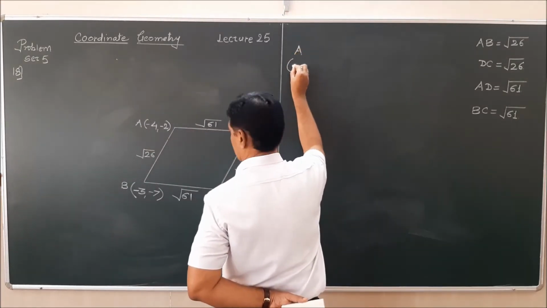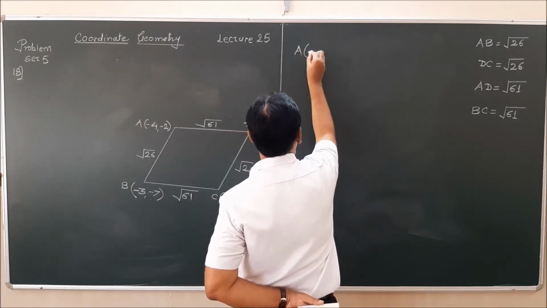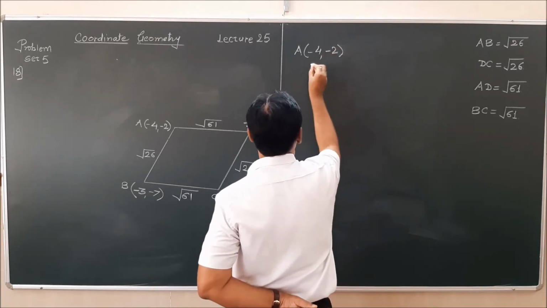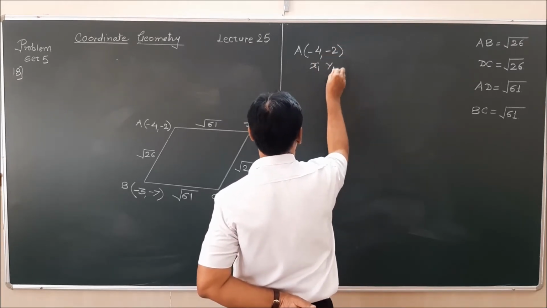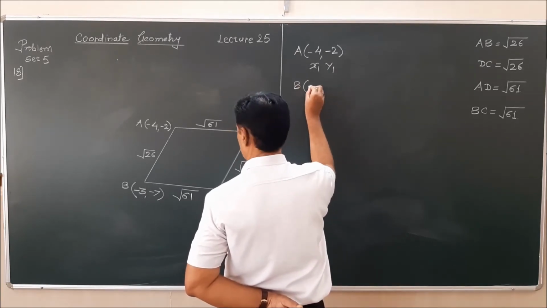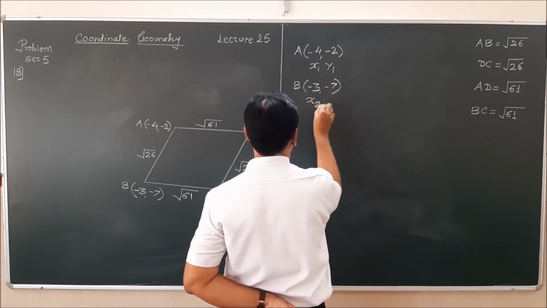Coordinates of A are -4, -2, x1, y1, and coordinates of B are -3, -7, x2, y2.